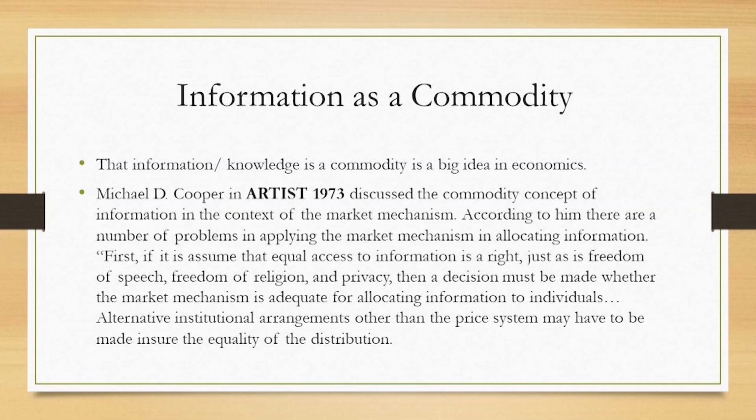First, if it is assumed that equal access to information is a right, just as is freedom of speech, freedom of religion, and privacy, then a decision must be made whether the market mechanism is adequate for allocating information to the individuals. Alternative institutional arrangements other than the price system may have to be made, ensuring the equality of distribution. So, in information economics, a major point which comes up is the equal distribution of information to everyone.